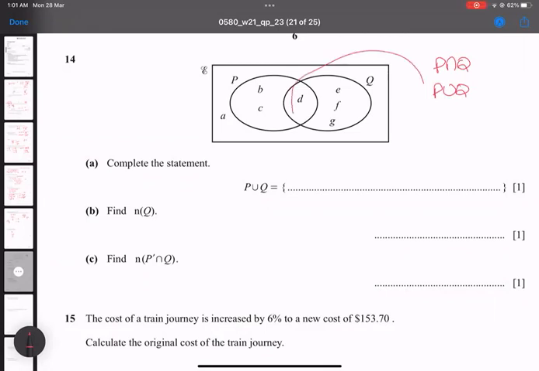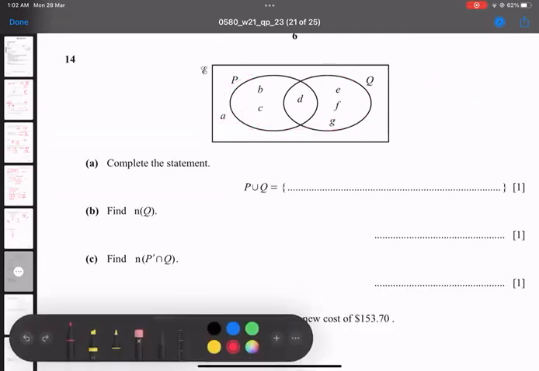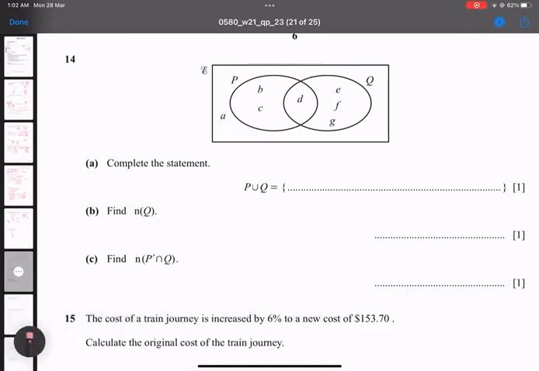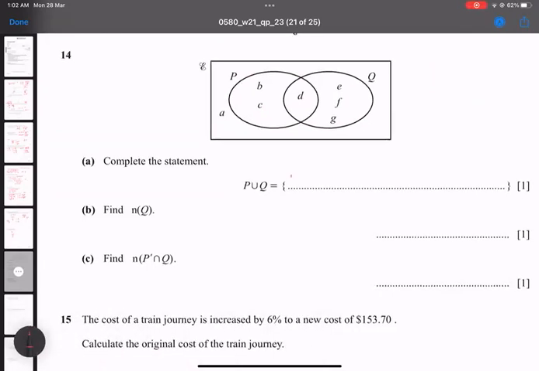In short, in the case of union, we will take the full circle, both circles. The members are all members in the circle, but I will not include A. So I'm writing now B, C, D, E, F, and G. So we have done it.